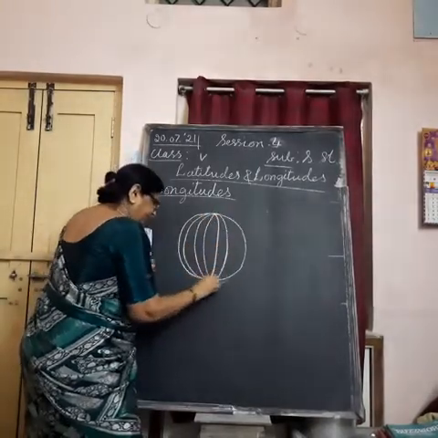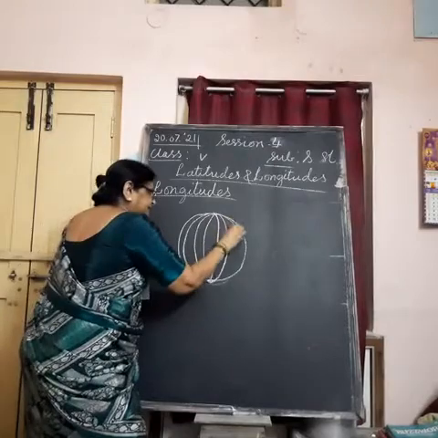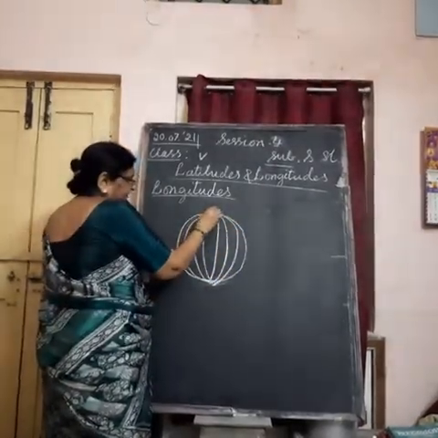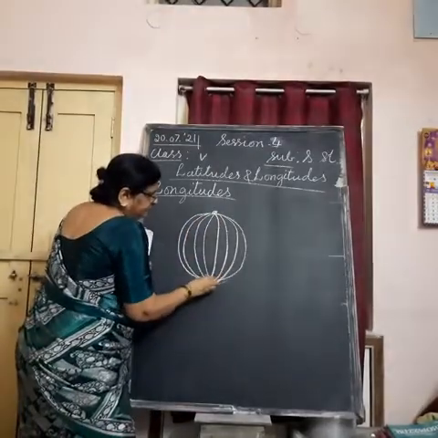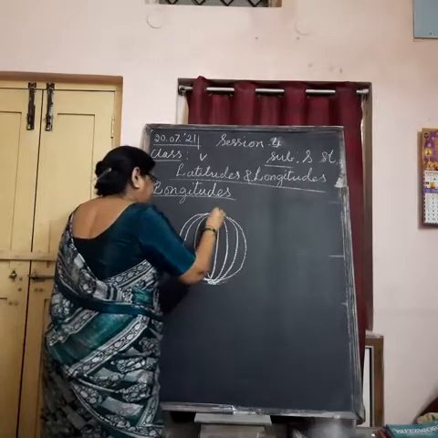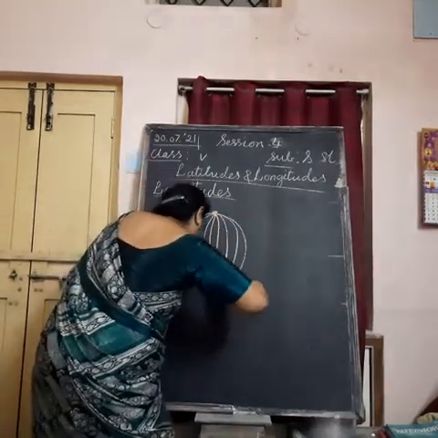They meet at the same point, whereas latitudes do not meet anywhere. They meet at the same point called North Pole, and they meet at the same point called South Pole.